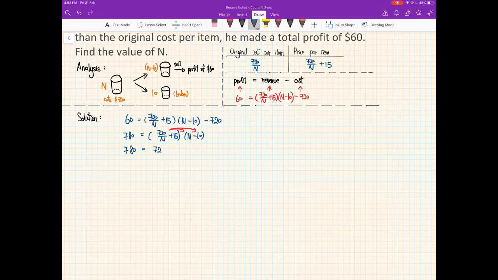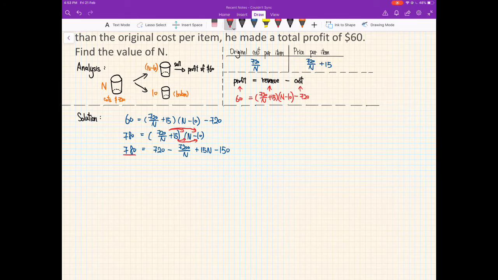We get 720 minus 7,200 over n plus 15n minus 150.